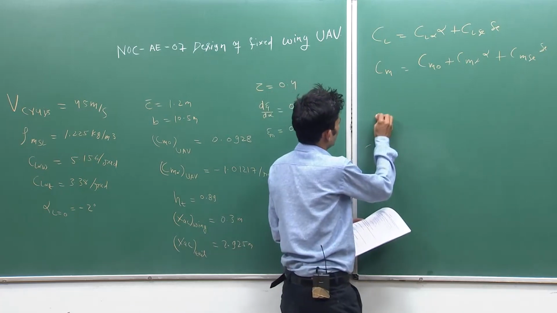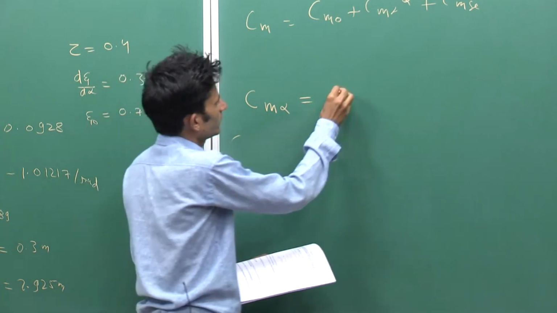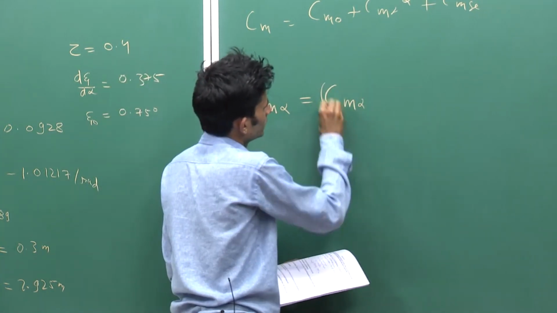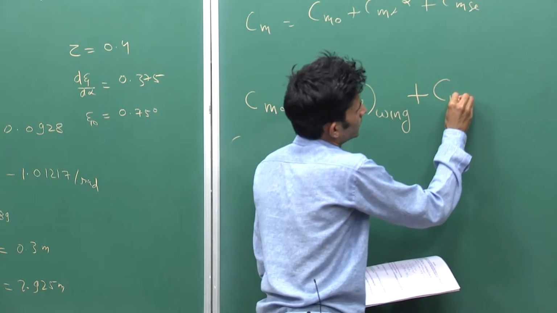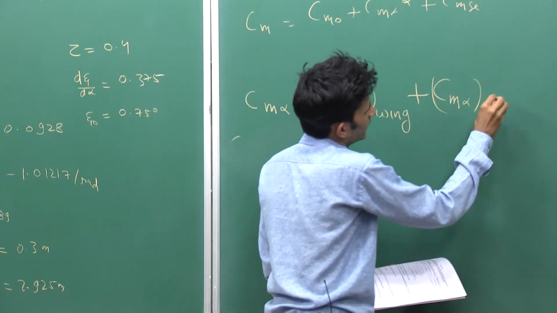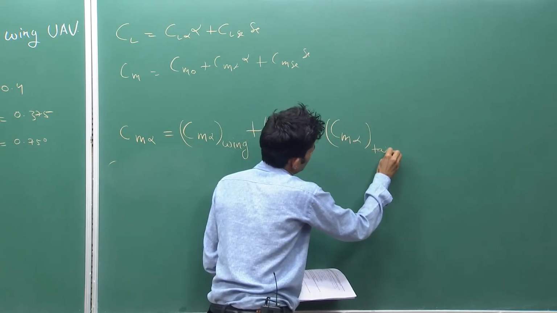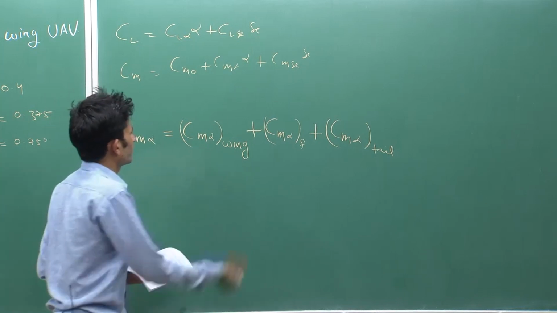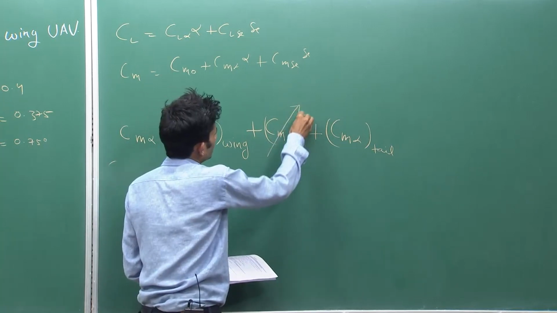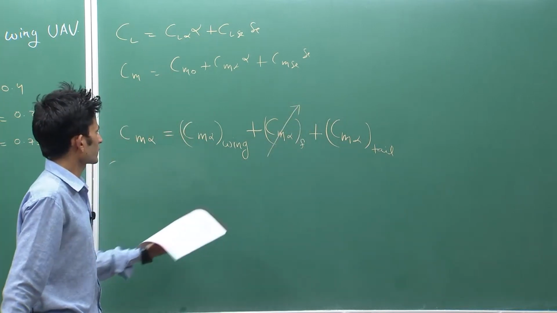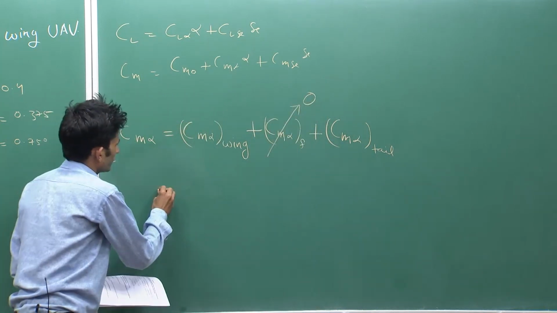So it is obvious that Cm alpha of the whole aircraft or whole UAV is equal to Cm alpha of the wing plus Cm alpha of the fuselage plus the third part, Cm alpha of tail. But it is already given that Cm alpha of the fuselage is 0, because the question says to neglect the effect of fuselage on stability. So this will be 0. And what is Cm alpha of the wing?